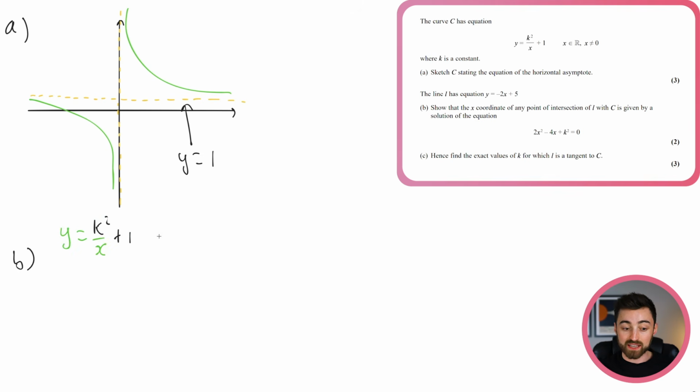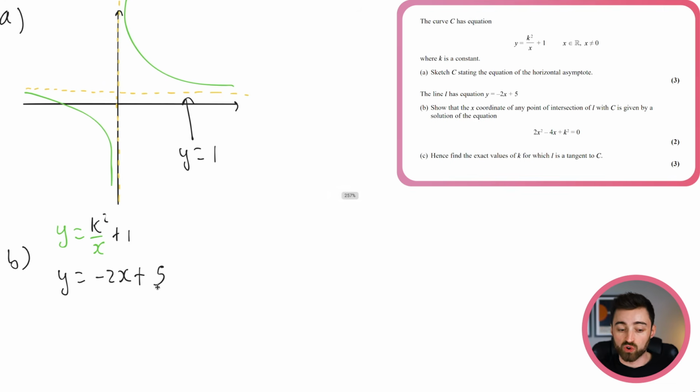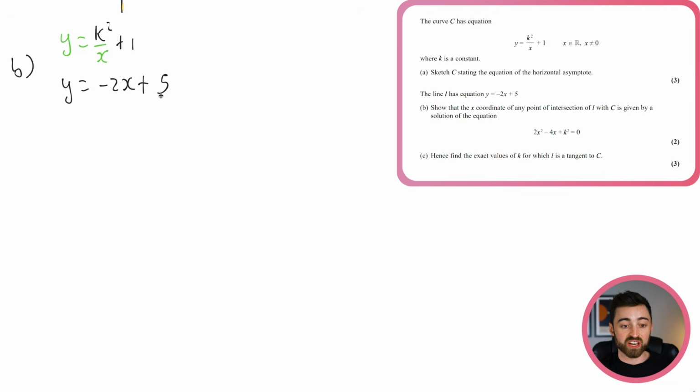All I now need is the other one, which is y equals minus 2x plus 5, and we can solve them simultaneously. The good news is that we've got y equals and y equals, so we can just set them equal to each other. So I would get k squared over x plus 1 is equal to minus 2x plus 5.